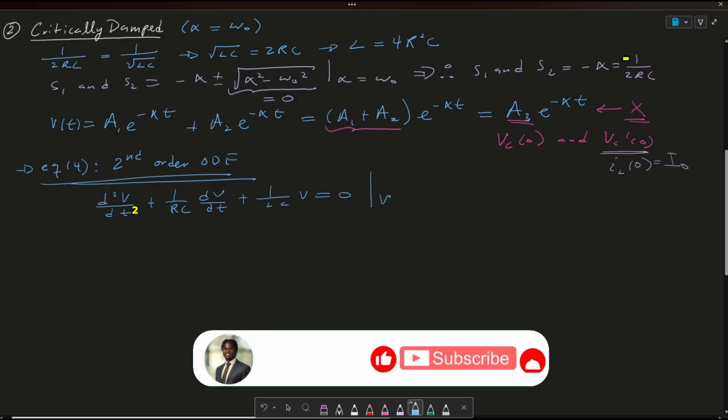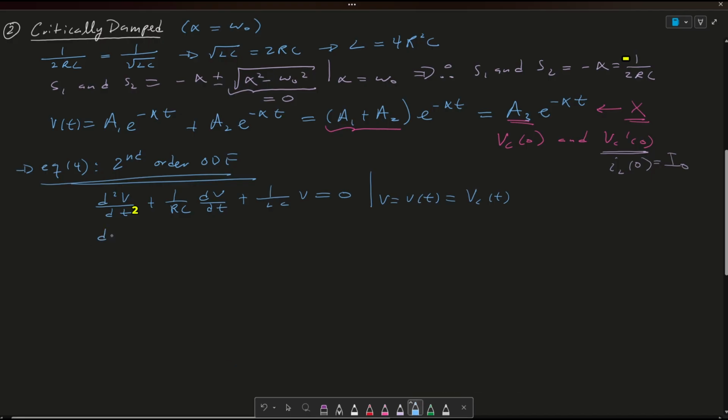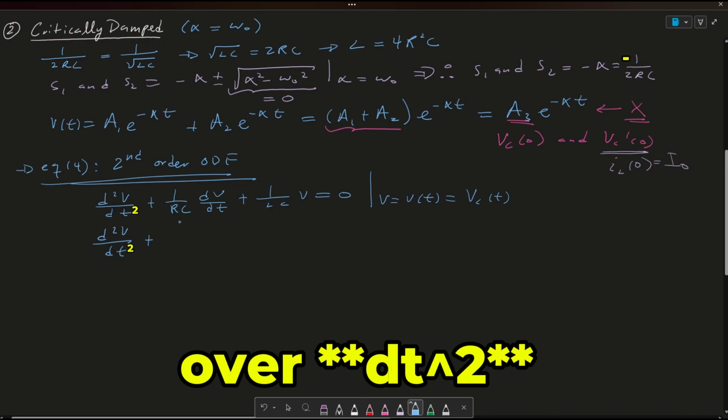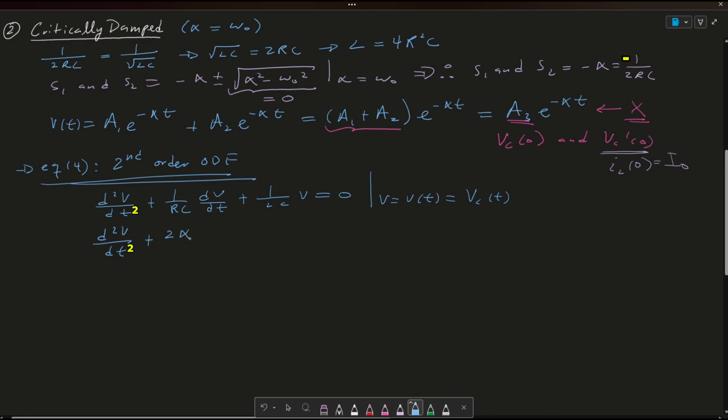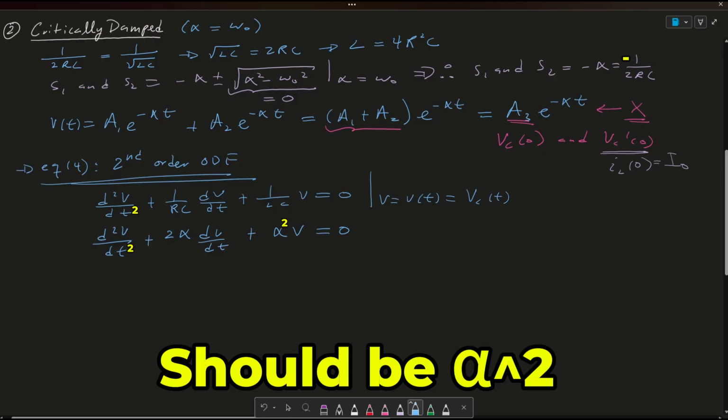Again, V is equal to V of t, which is also the voltage across my capacitor. What I can say is that this is d squared V over dt squared plus 1 over RC, which is 2 alpha, dV over dt plus alpha squared, which is 1 over LC, times V, equated to 0.